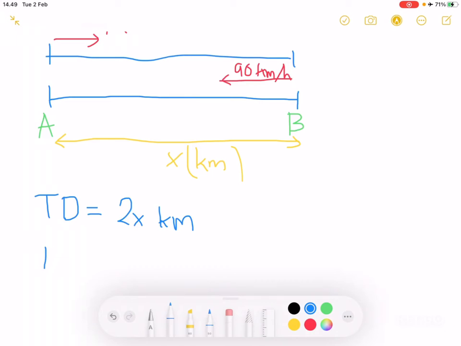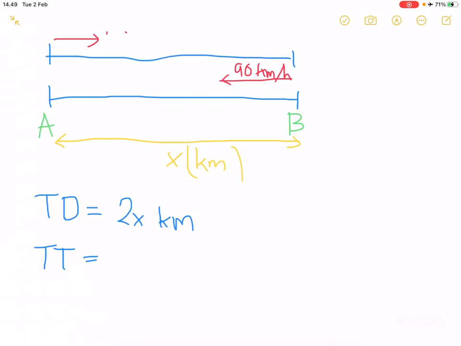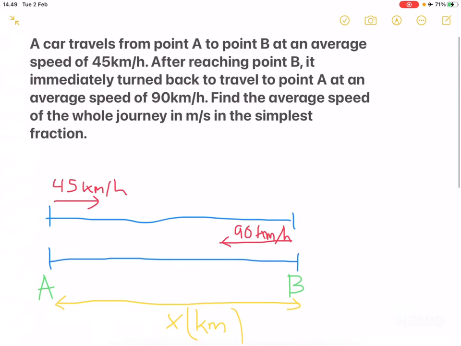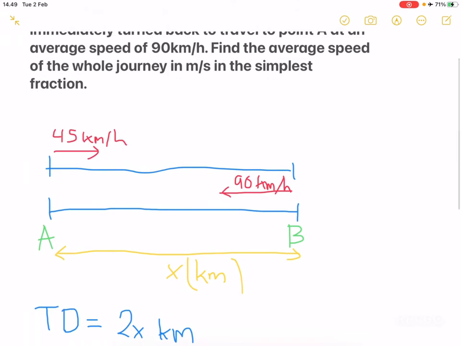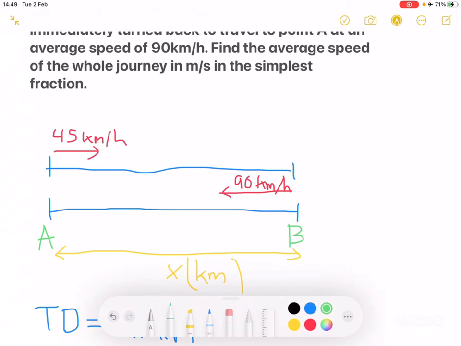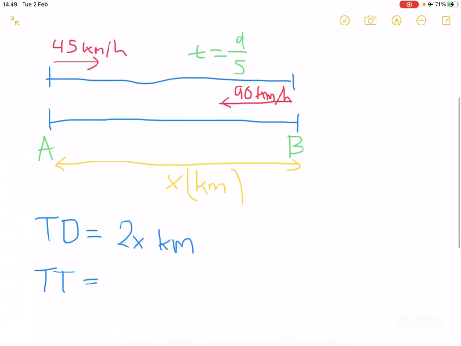So for the total time, it might not be very obvious, but if you notice, for the first journey, the time taken will be just the distance over the speed. So in this case, our distance is x for the first journey I'm talking about.